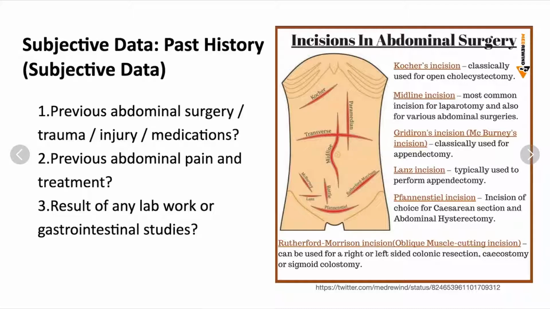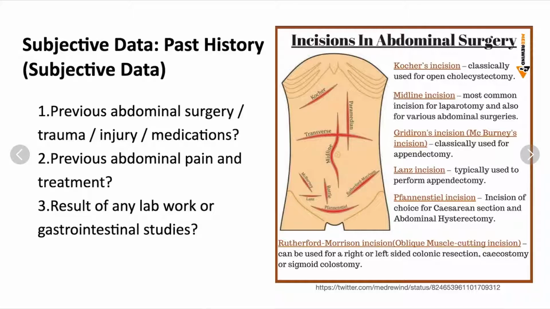Okay, so here you could see the types of incision. I won't be discussing more on that, but you could just view it for your good to know. Usually those are the scars done during surgery, and those are the implications. Are there previous abdominal pain and treatment?